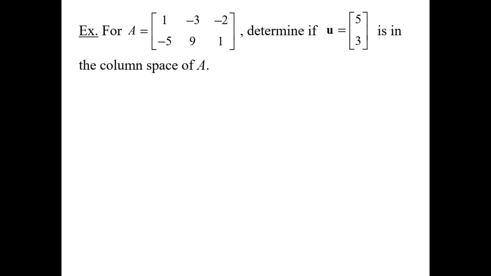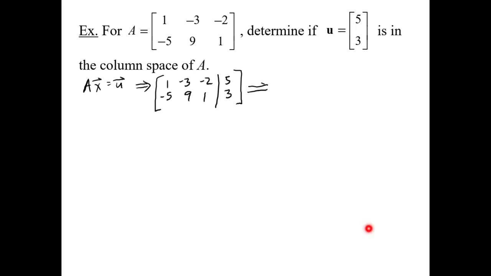So we're going to solve this equation, Ax equals u, and set up the augmented matrix. So 1, -3, -2, 5, -5, 9, 1, 3. And by the way, to determine if it's in the column space, we don't even need to find the solution. We just need to know, is there one? We need to know, is this system consistent?